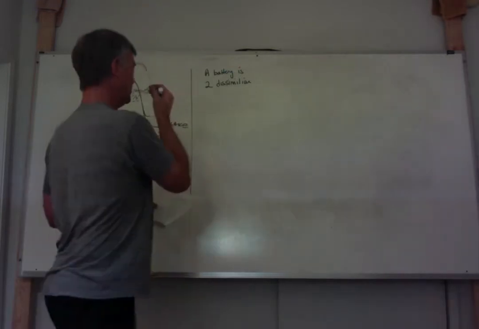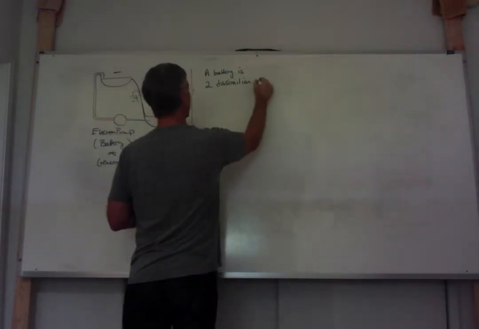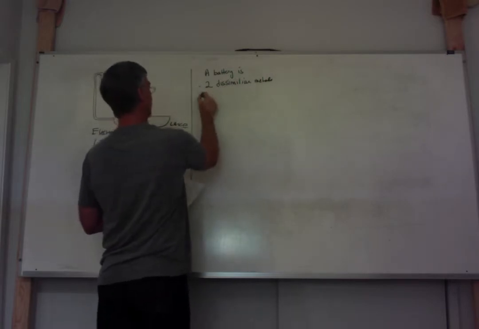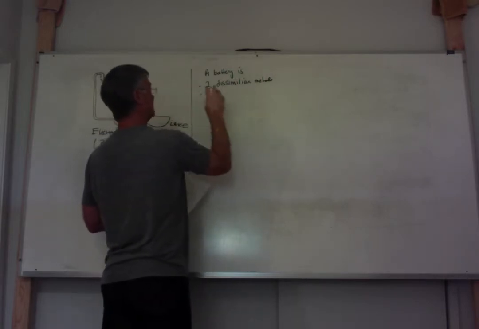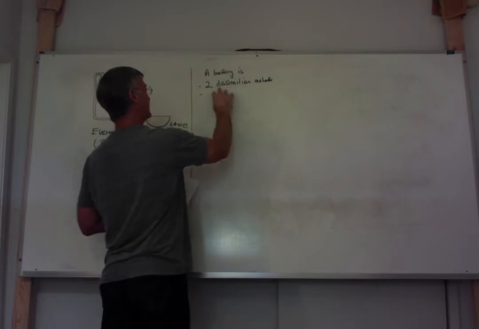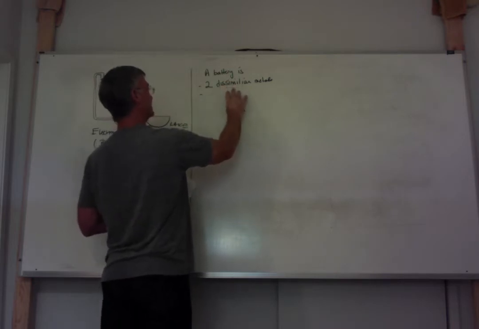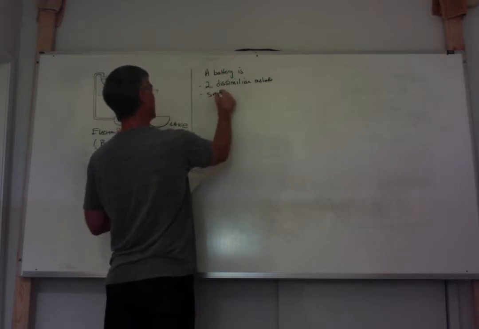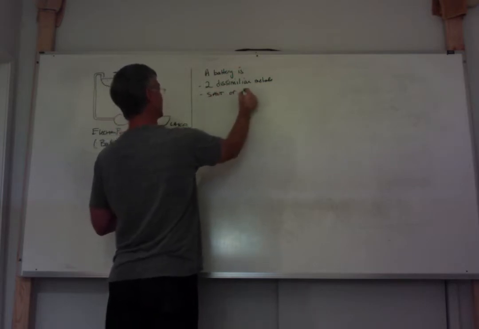It could be any two dissimilar metals. Carbon is not really a metal, but it gets used a lot. And then some sort of a fluid or substance that causes them to lose electrons, and so a salt or acid solution.